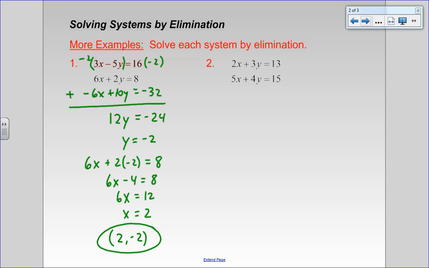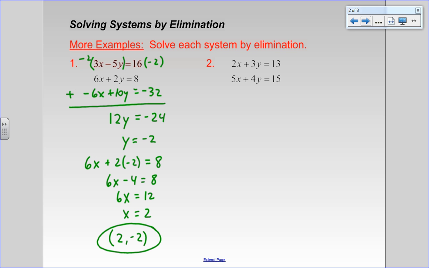Now our second problem, the first equation is 2x plus 3y equals 13, and the second is 5x plus 4y equals 15. Both equations are written in the form ax plus by equals c, but again, neither pair of variables have opposite coefficients.